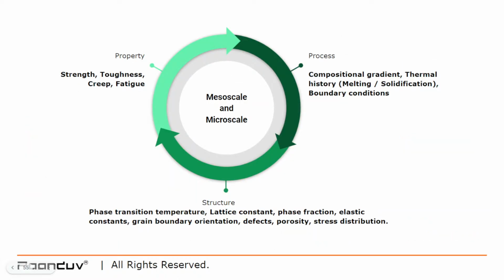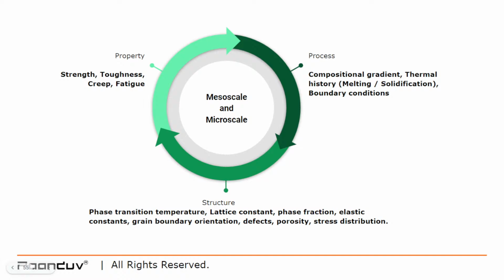Now if we look at mesoscale and microscale modeling, there are 3 aspects to it. First, the process itself, which depends on compositional gradient, thermal history of melting, and solidification boundary conditions. Second, the structure of your solid: phase transition temperature, lattice constant, phase fraction, elastic constants, defects, porosity, and stress distribution. Lastly, how does it finally affect the quality of your 3D printed part?